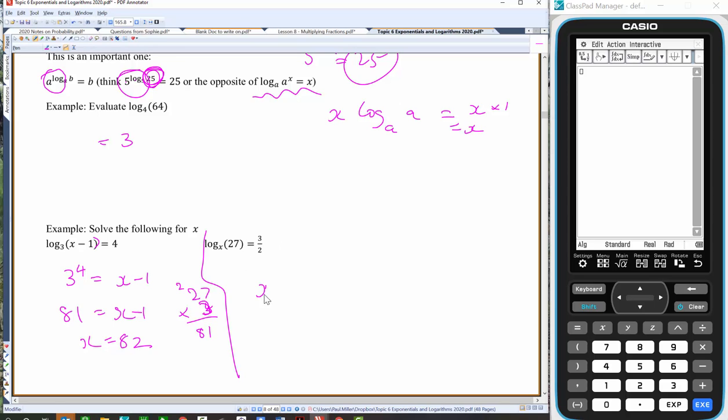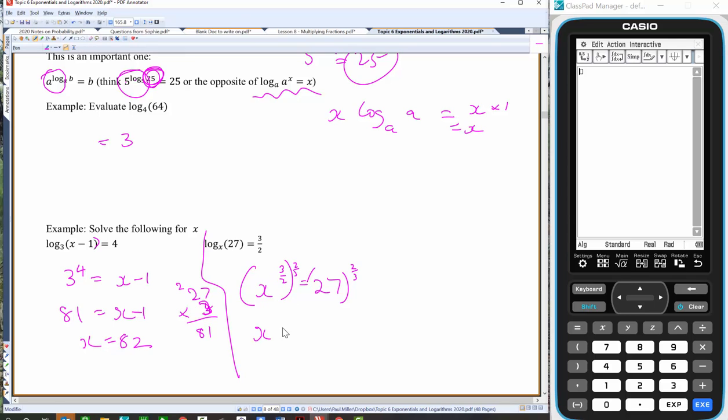So this one here is x to the 3 on 2 equals 27. All right. How are we going to do this one here? Well, what I'm going to do is raise this to the 2 on 3 and raise this to the 2 on 3. So do the same thing to the left and the right.